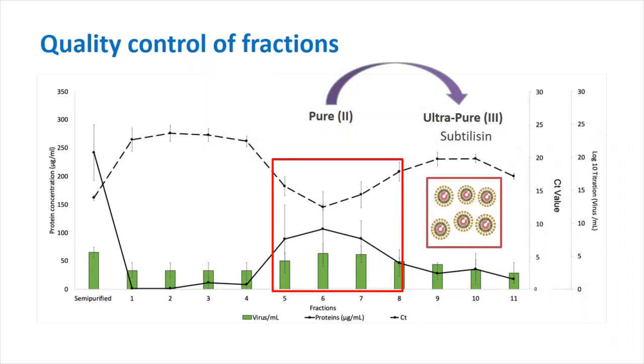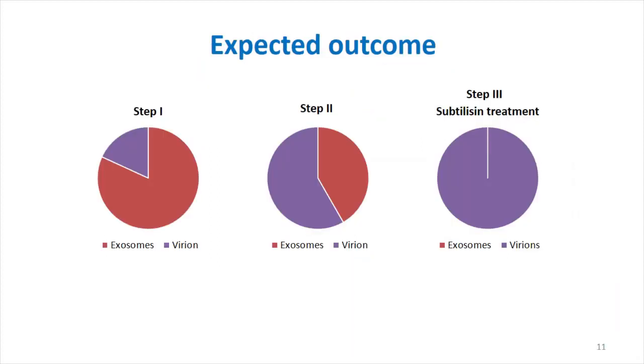Doing this, we know exactly which fractions have pure viral particles. Then for ultra-pure purification, we treat the viral preparation with subtilisin, an enzyme that digests basically all microvesicles, so only viral particles survive this treatment. When you have pure viral particles, you can say with a certain level of confidence which host proteins are encapsulated in the viral particle and which host proteins are associated with exosomes.